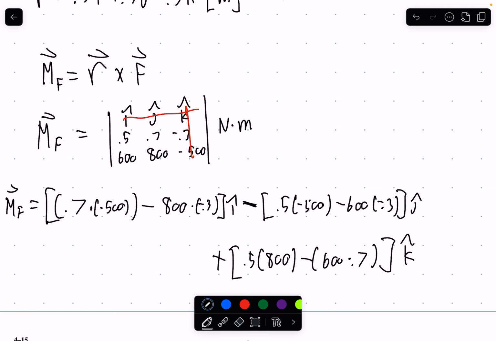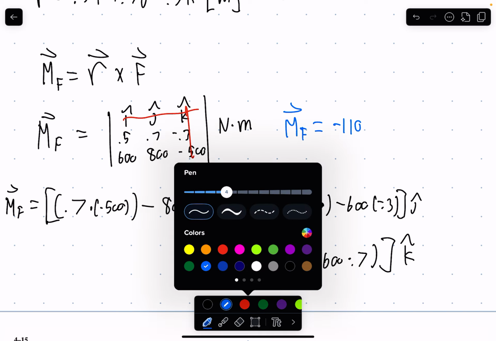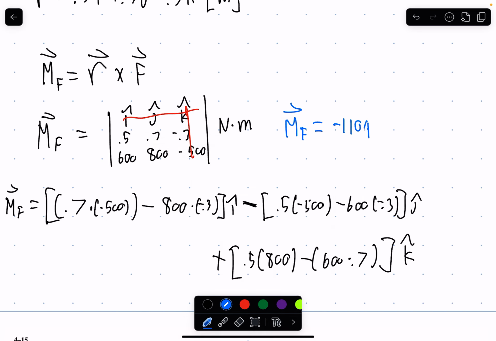If we plug this all into a calculator, taking into account the directions, we should find that the moment due to F is equal to negative 110 in the i hat direction, positive 70 in the j hat direction, and negative 20 in the k hat direction, in newton meters.